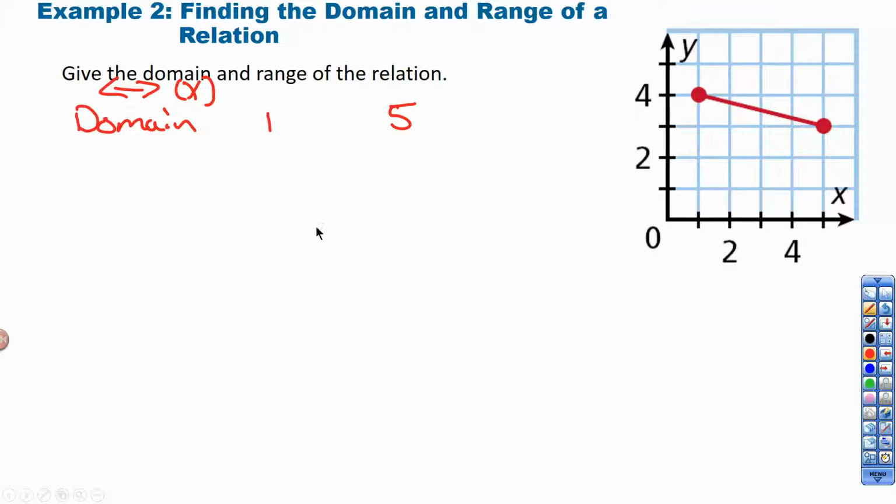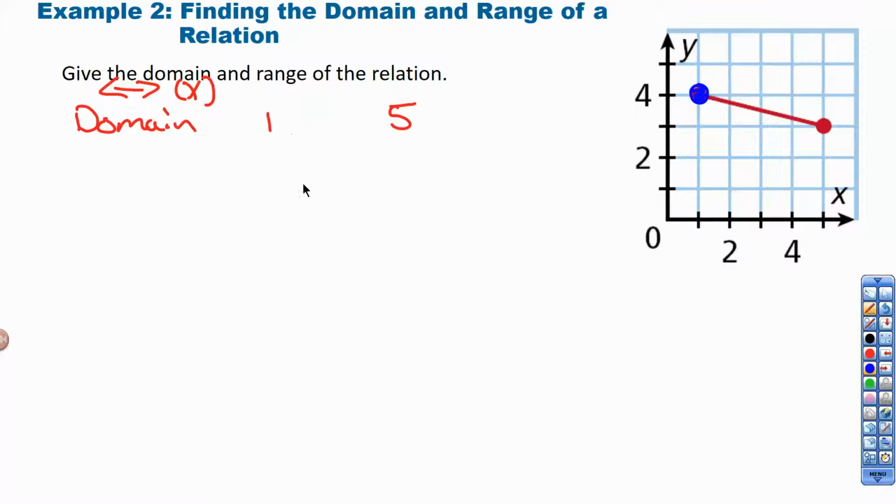Does it include 1? On the graph, does it include 1? How do you know it does or does not? I did say in between, right? But this circle right here, is it open or closed? It's closed. So does it include the point 1? It does include.